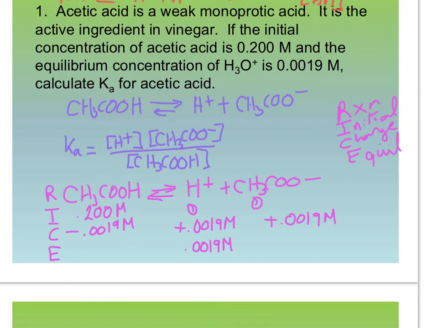So what I can do now is go ahead and plug in my equilibrium concentrations. To figure out the equilibrium concentration, you add these together. I start at 0, I gained 0.0019, so I end up with 0.0019 molar.